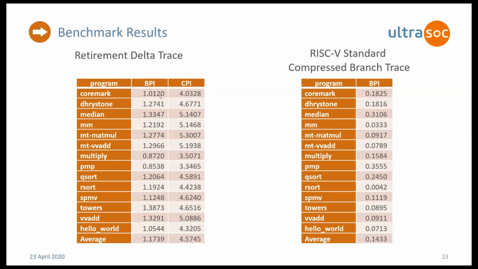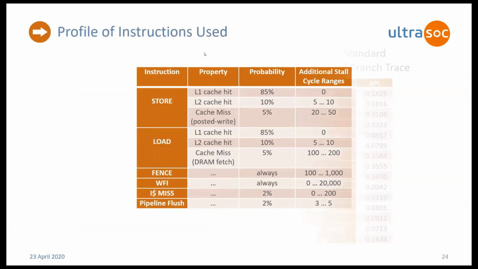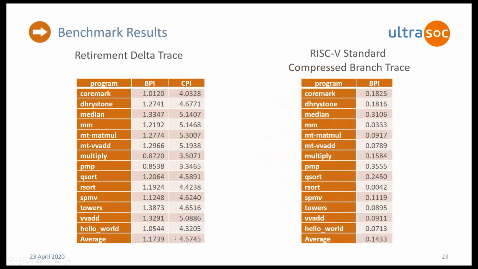Then if the CPI was closer to 1, then those numbers will be lower. So it's really difficult to compare those numbers to anything. It's just to give a rough impression as to what's there.